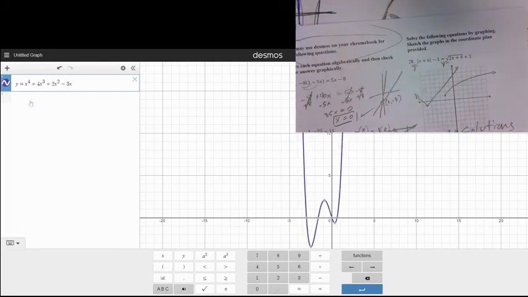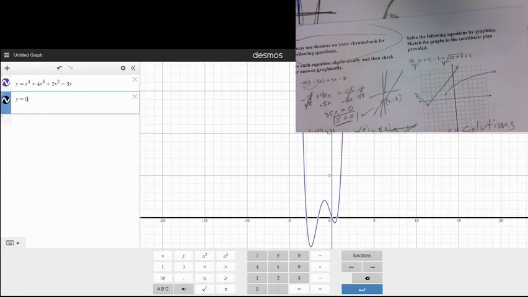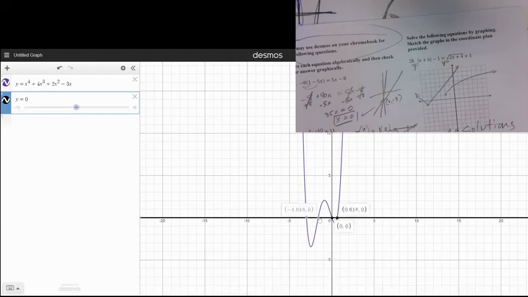Okay, and now I have y equals on the right side 0. Cool. So the graph, wow, look at this. I like this graph. Here's a bunch of x-intercepts. Negative 3, negative 1.6-ish, somewhere there, 0, and 0.6-ish right here.